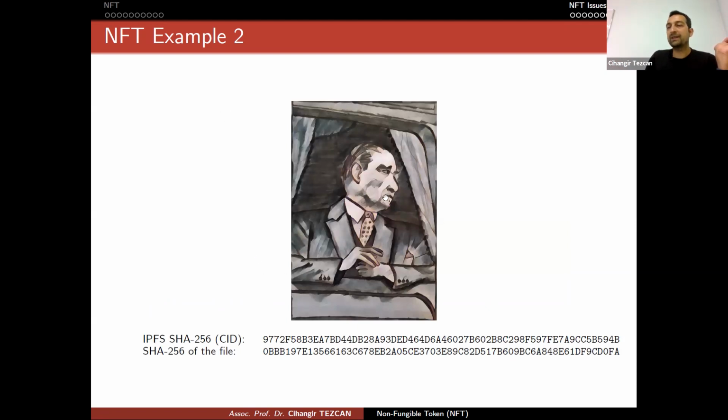Okay, so one problem with IPFS is this: when you upload the image to IPFS, it is divided into pieces, and each piece is submitted to some node in the network, and after some time, if that piece is not downloaded, that node actually deletes it. So some images from IPFS are lost due to this, but whenever you have the original image, you can upload it again. This way, it becomes accessible again. So a lot of NFTs are currently lost in this way, and this is a problem.